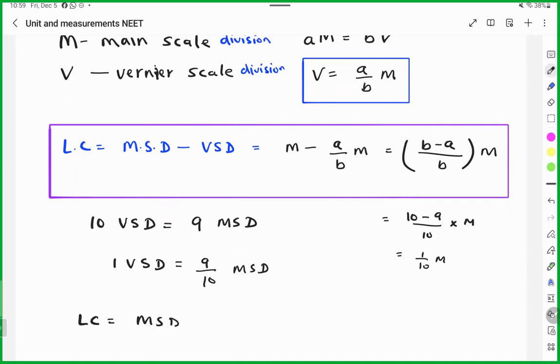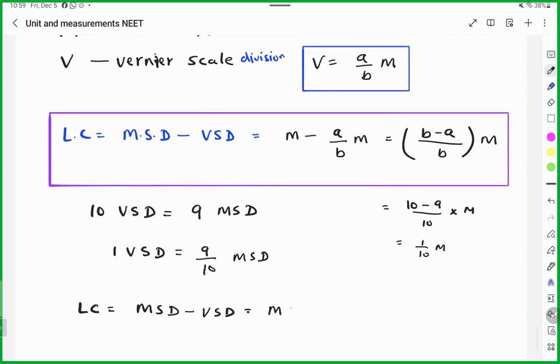Main scale division minus Vernier scale division. We don't know the main scale division value. What is the Vernier scale division value? 9 by 10. So what will be this value? 10 minus 9 by 10 of the main scale division.